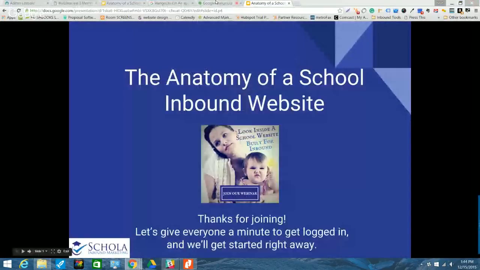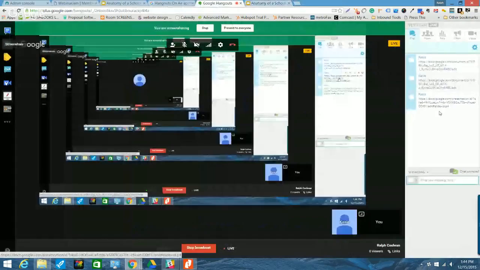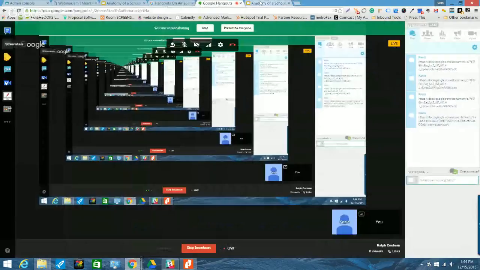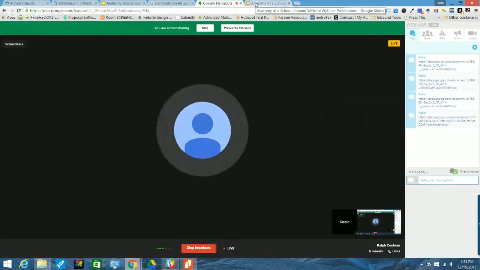All right, try that. It says slide. Why does it keep saying slide? This one says documents. What's going on there? It keeps changing over to slide. Is it working for you when you click the chat link?